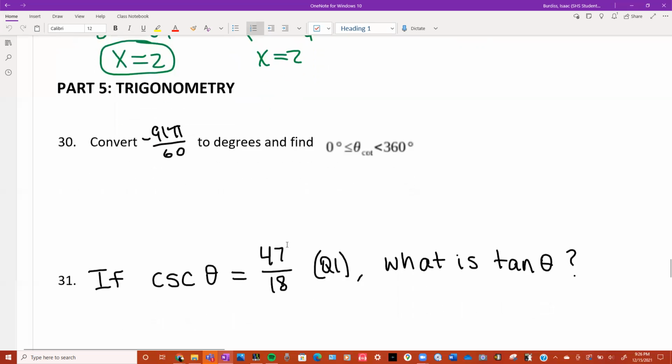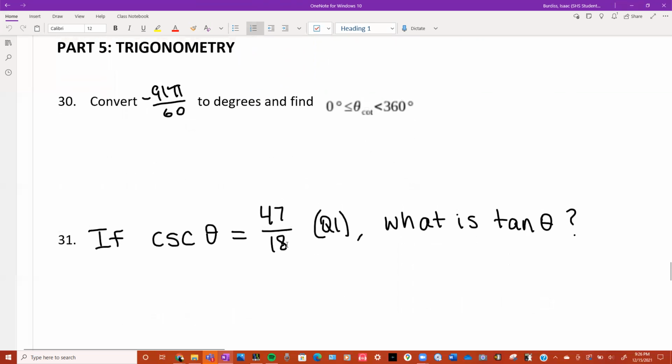Yeah. Okay, trigonometry. All right. This is stuff that I've made videos on kind of recently. First thing, we need to convert that to degrees and then find a coterminal angle in between 0 and 360. So whatever our answer is has to be in between 0 and 360.